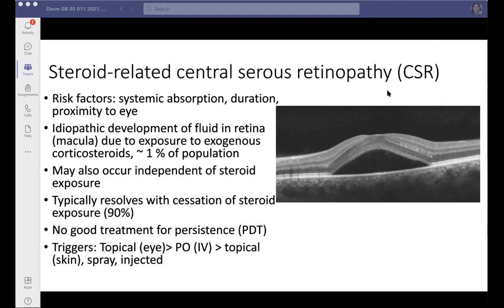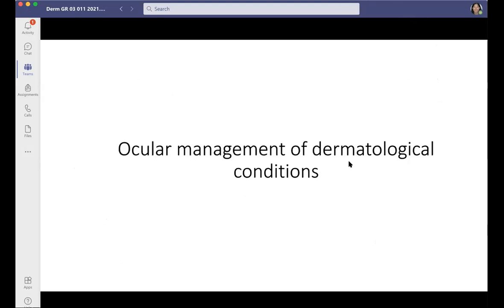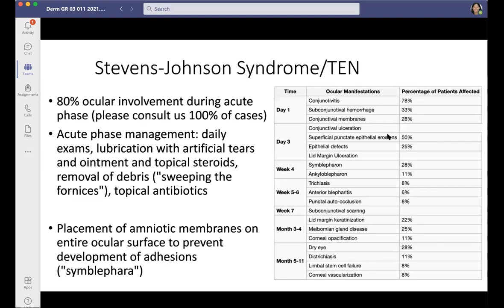Okay, so moving on. The next slide says ocular management of dermatologic conditions, and we're going to talk about Stevens-Johnson syndrome and TEN.